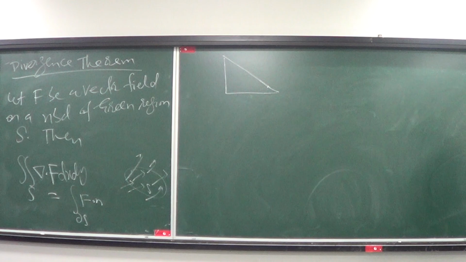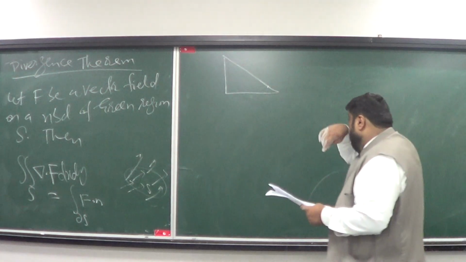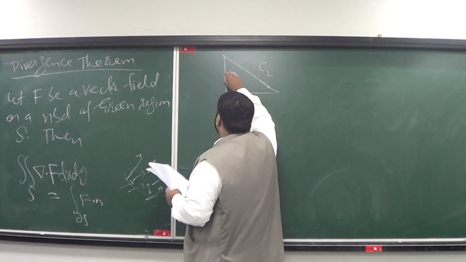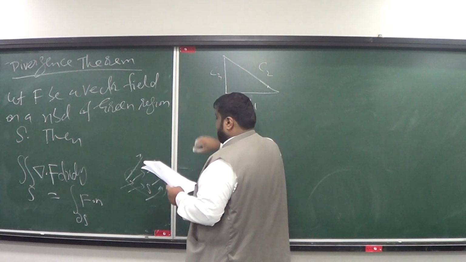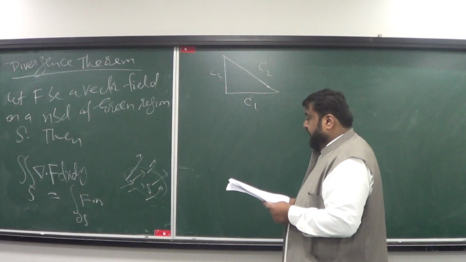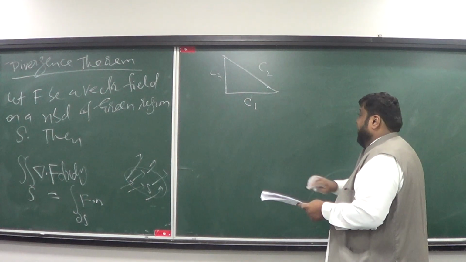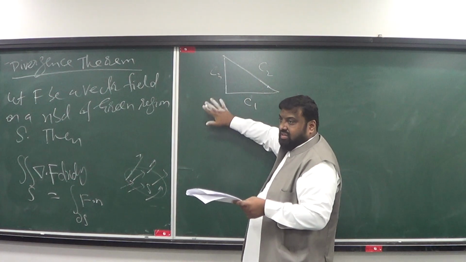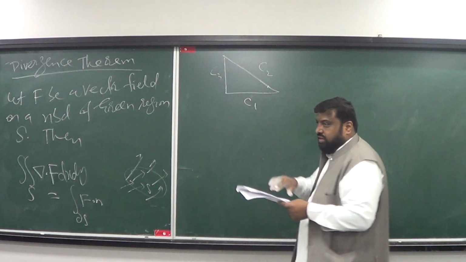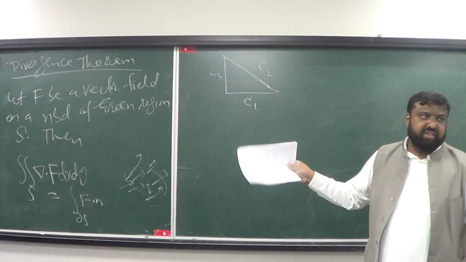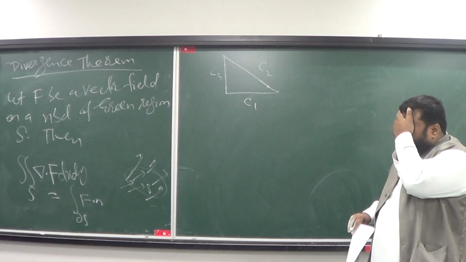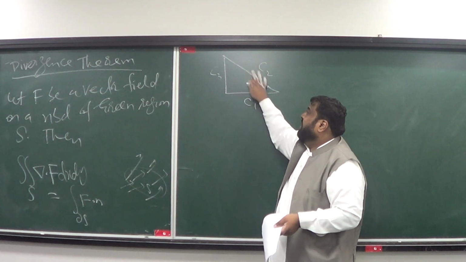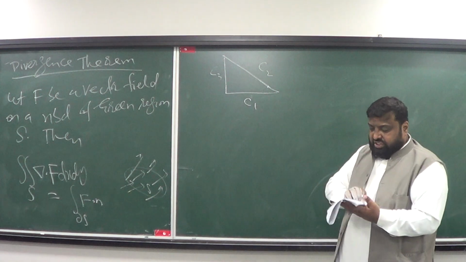And say this is curve 1, curve 2 and curve 3. And I have a vector field that is defined in this region or maybe outside the region as well. We're just interested in this part of the region. So I have a vector field defined everywhere on some part, but it's also defined in this region.